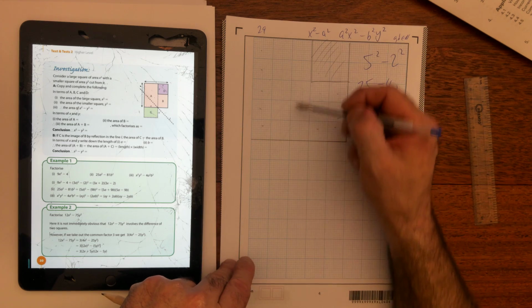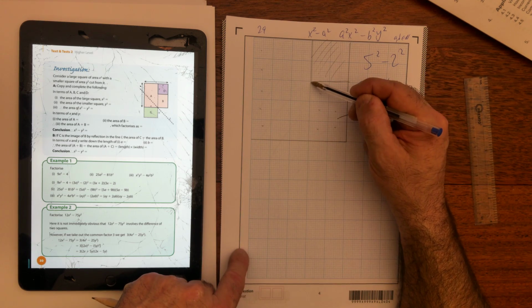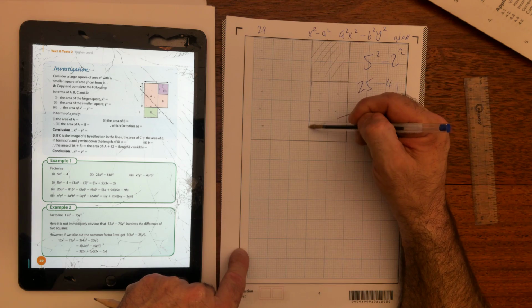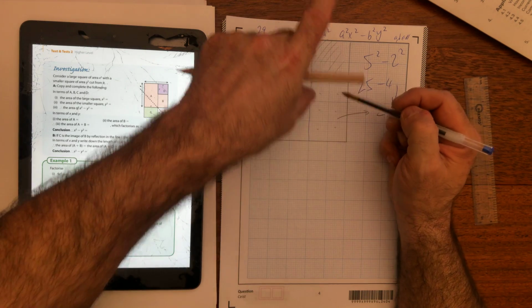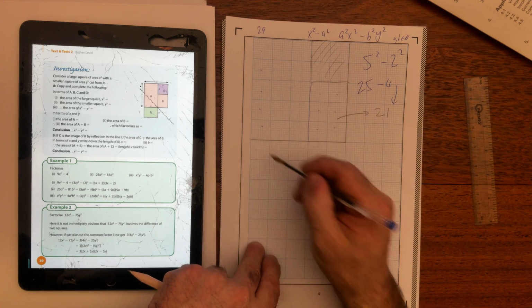So when we're taking this L, we'll take this bit here, which is 5 take away 2, which is 3 by 2, and we'll topple it over here.